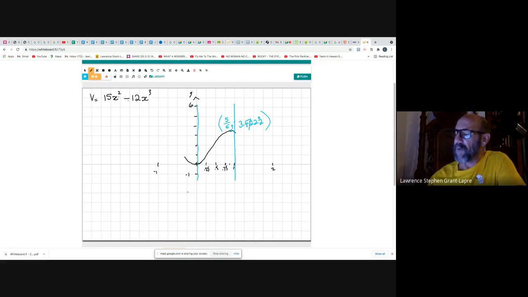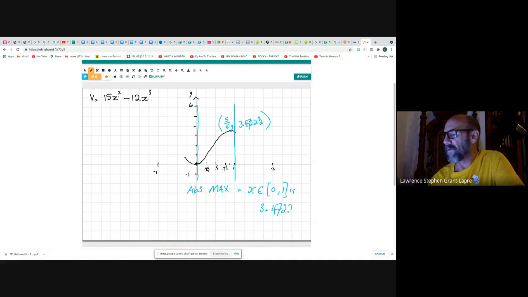Therefore, the absolute maximum value in that range from 0 to 1 is 3.47222 recurring. And that was the last question we had.